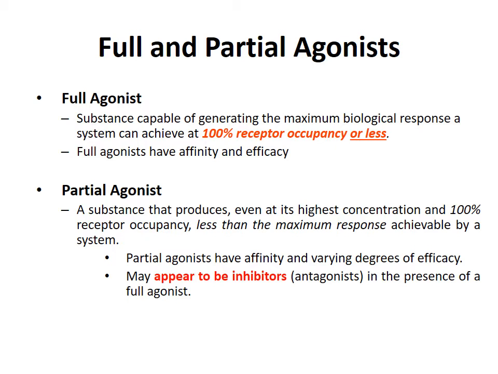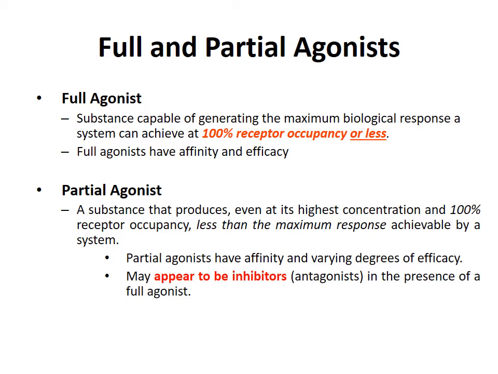It could be inflammation, vasoconstriction, heart rate, cell division. It could be anything, right? There are so many receptor types. But it produces the maximum effect achievable by that system, even at 100% or less receptor occupancy.